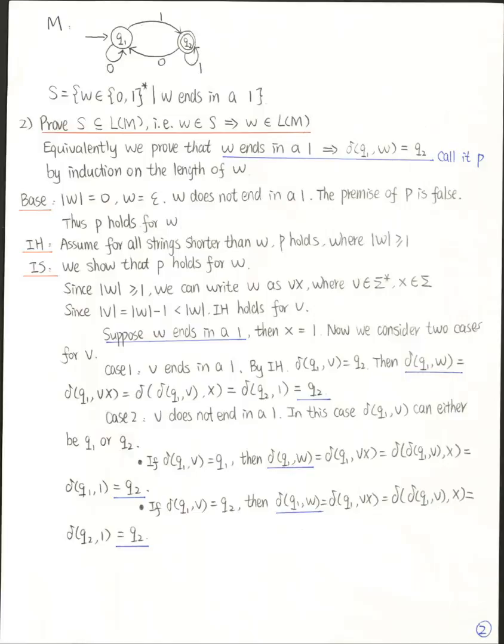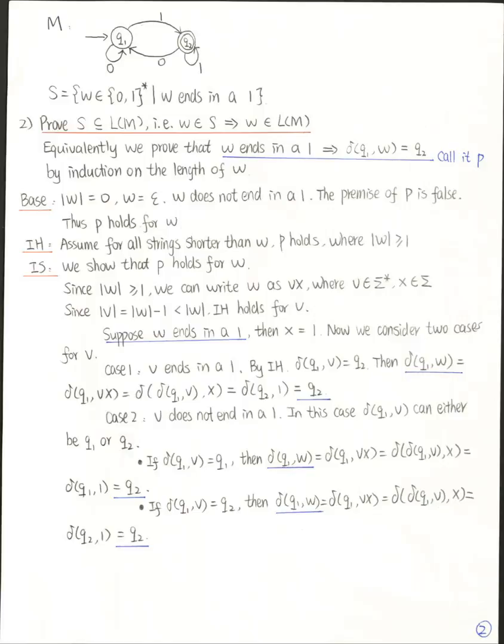In this case, if I read the whole string W, that means I can go from where the machine ends on V and read one more symbol X. That's the transition. So starting from Q1, I'll read the whole string W, which is equal to, starting from Q1, I'll read the whole string Vx.